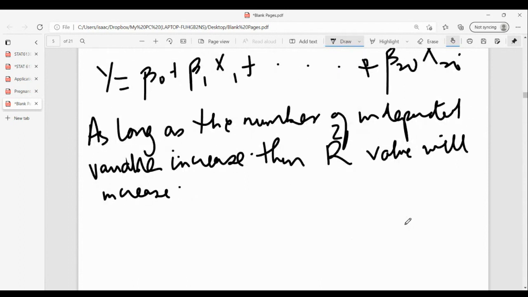And now notice I'm not saying R squared adjusted, I'm saying R squared.